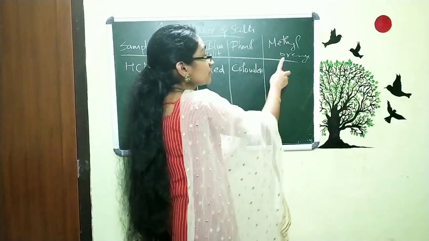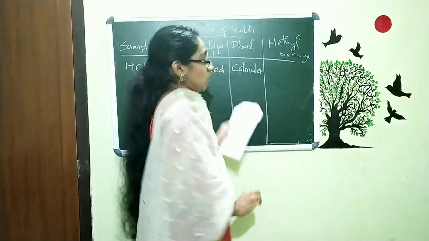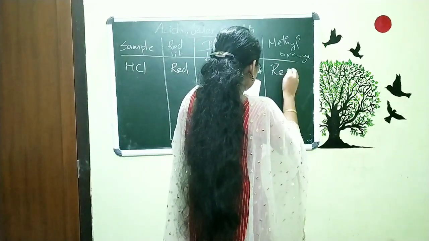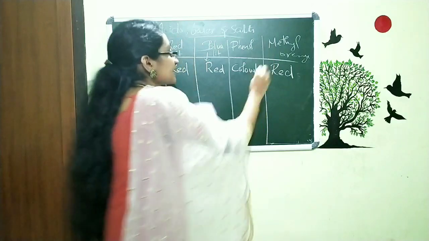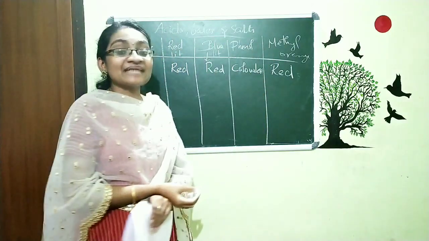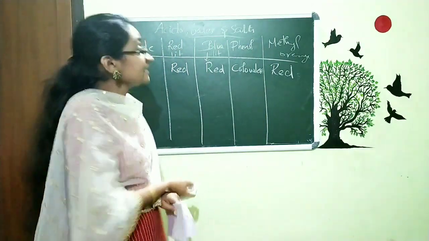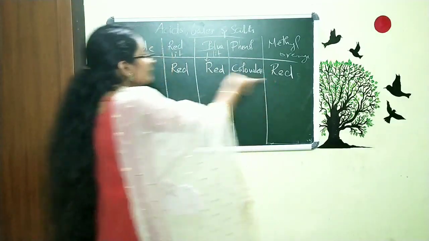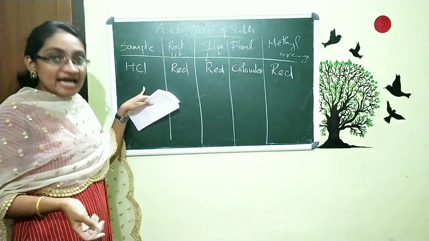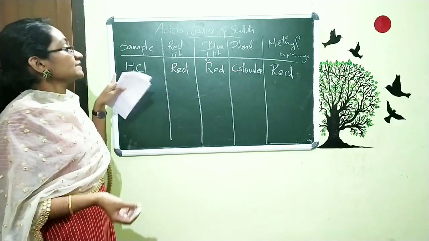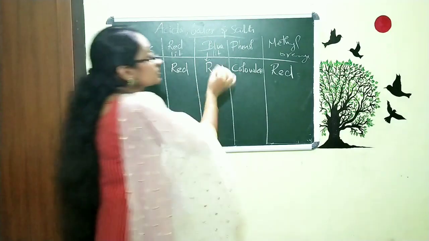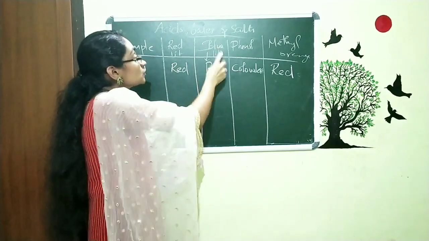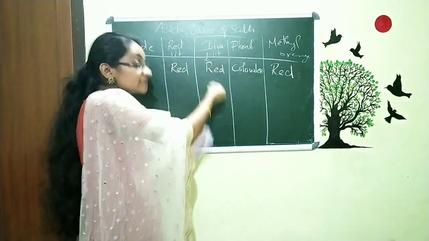And here you can see methyl orange. Generally this methyl orange has a yellow color, and that yellow color turns into red when it reacts with acid. So for this acid, the red litmus remains the same color. The blue litmus turns into red.